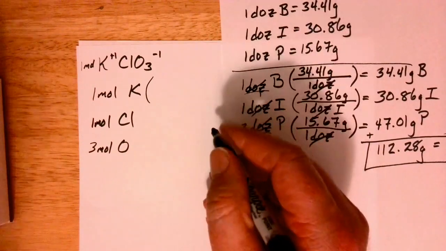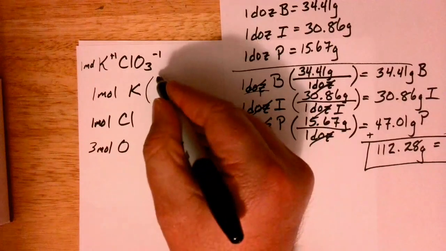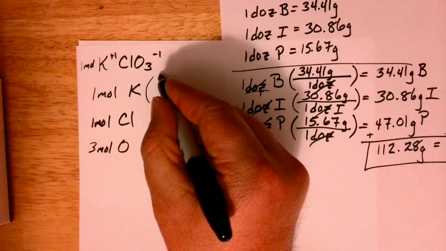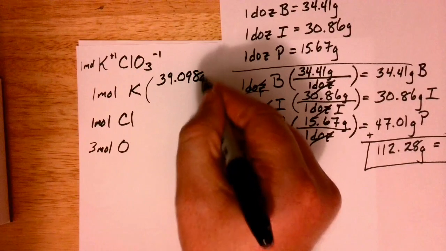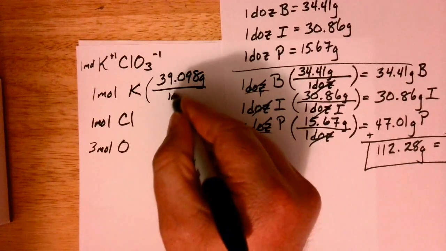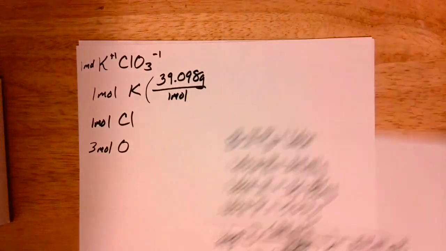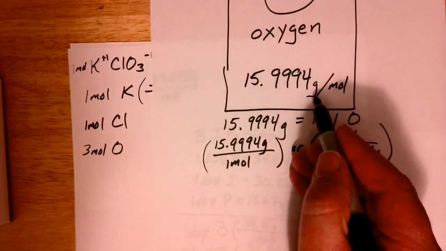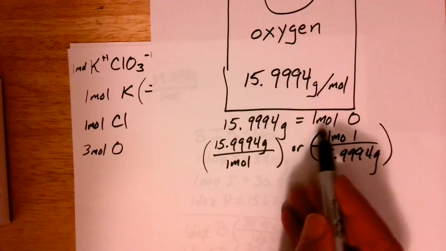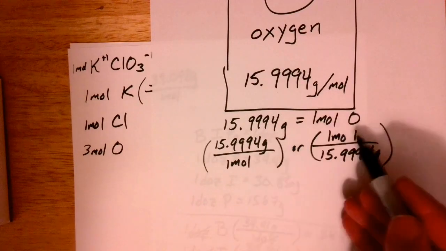That's for every 1 mole. So we're going to put down 39.098 grams all over 1 mole. And just like with the oxygen here, the number that we see down here is an equality. So you can either put grams over mole or mole over grams.